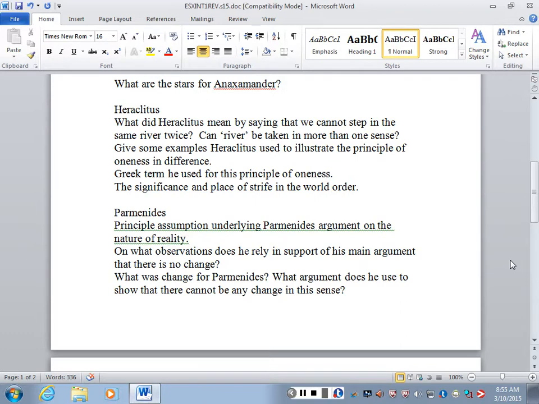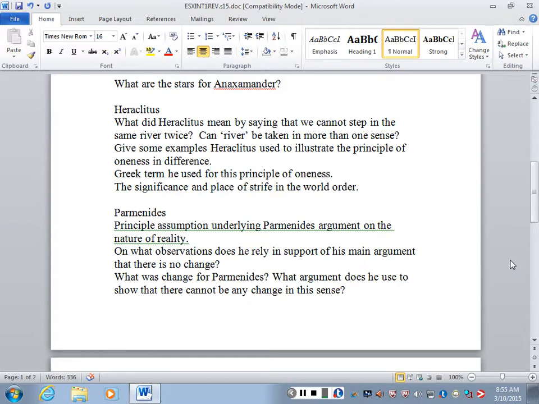So you can't step in the same waters twice, but he did understand that there's a sensible way that we understand what we mean by the same river, and his view is that things in this world get their identity by a play of opposites.